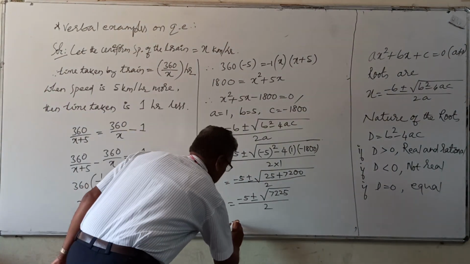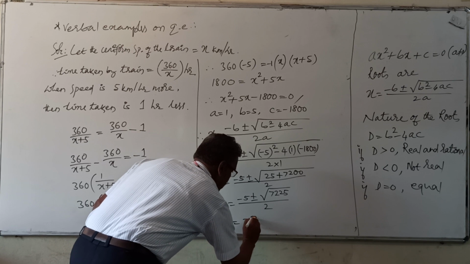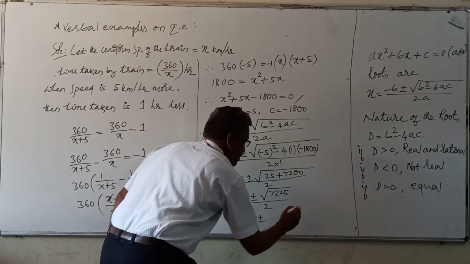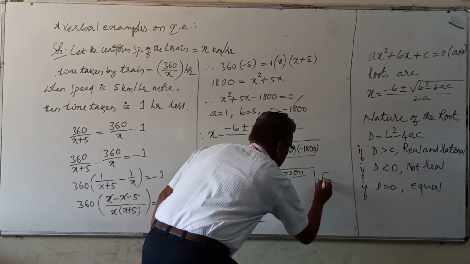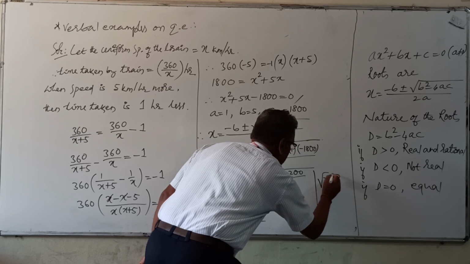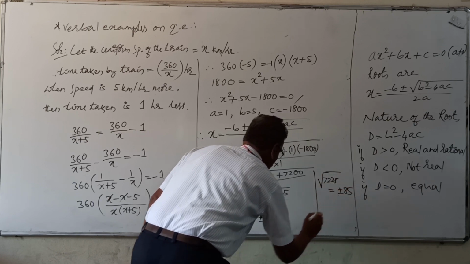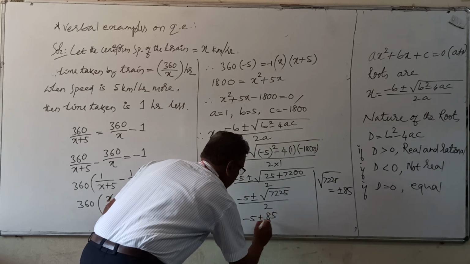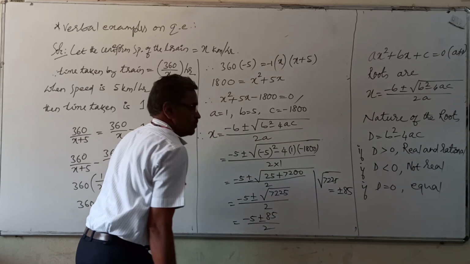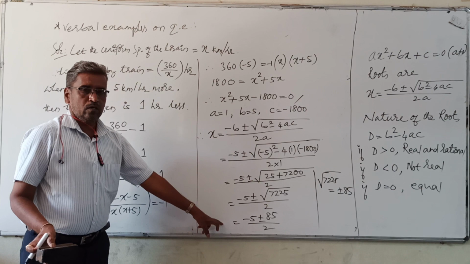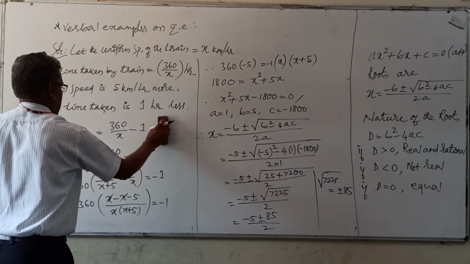Therefore, which is equal to minus 5 plus or minus square root of 7225, that is plus or minus 85, 85 divided by 2. We got the values.